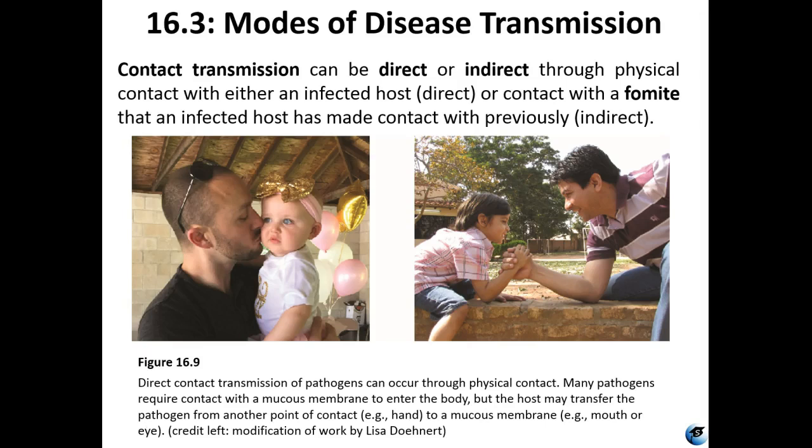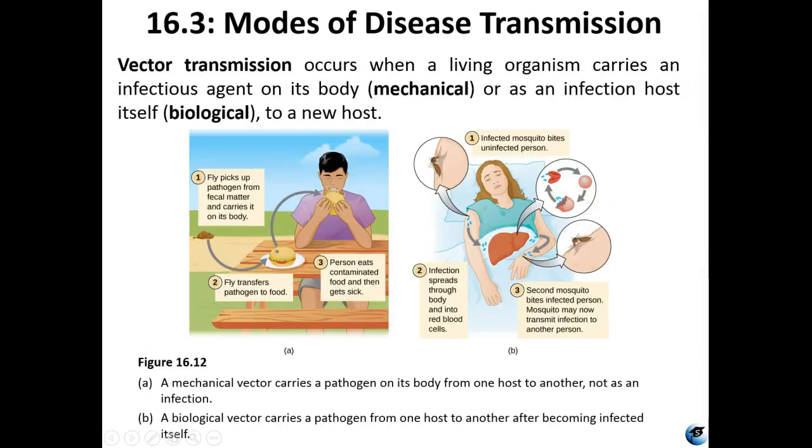Direct contact is with a host, or indirect contact is with a fomite. In other words, an infected host has touched an object and then you touch the object, and that would be indirect contact transmission.